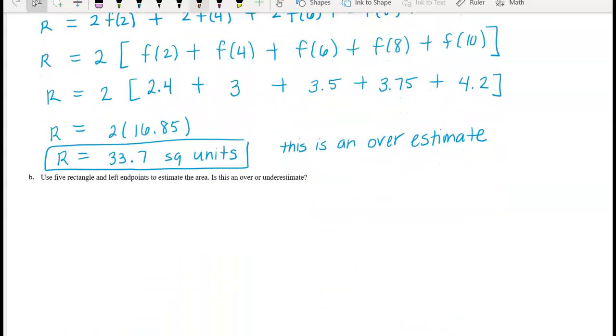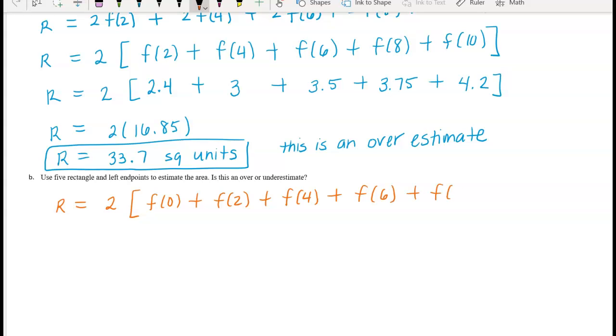So let's do another calculation. For this estimate, again, our base is going to still be 2 for all of those. And then I'm going to add up the function values at 0, 2, 4, 6, and 8.